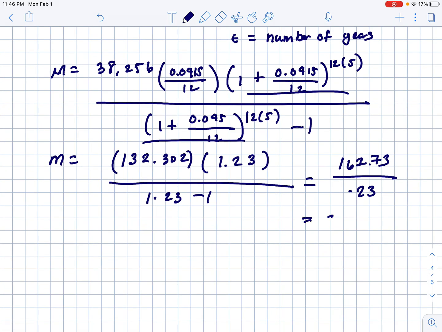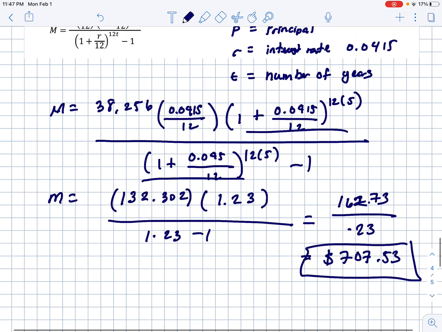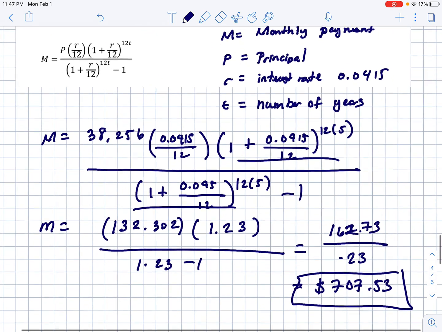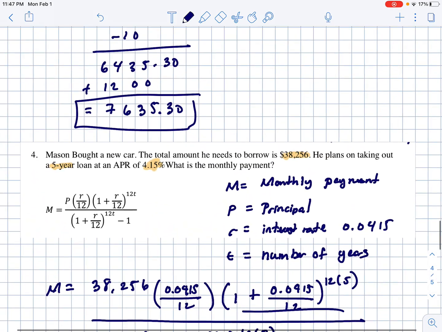So our monthly payment is going to be $707.53. Round it off. Okay. So again, I just did it one step at a time just so I can make less errors. All right, so that's our monthly payment.